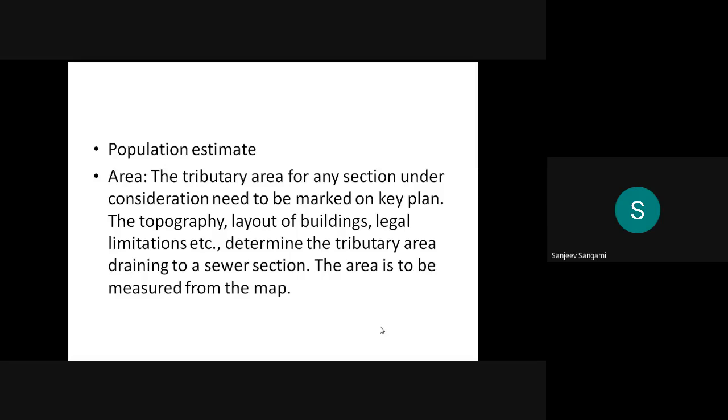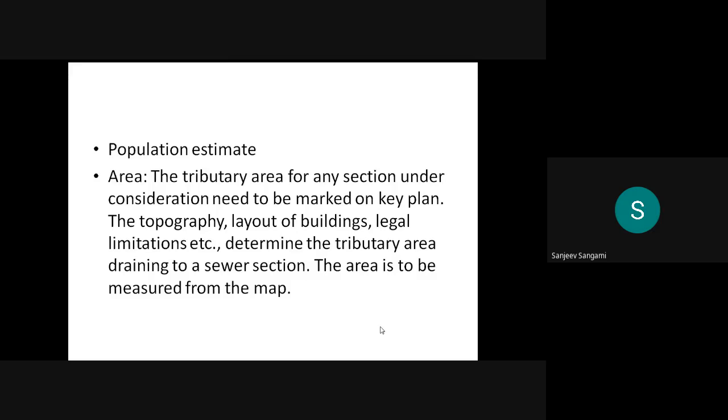If the population estimate is correct, then of course most of the time your design is also going to be correct. This is because this is the first stage, the first type of estimate.